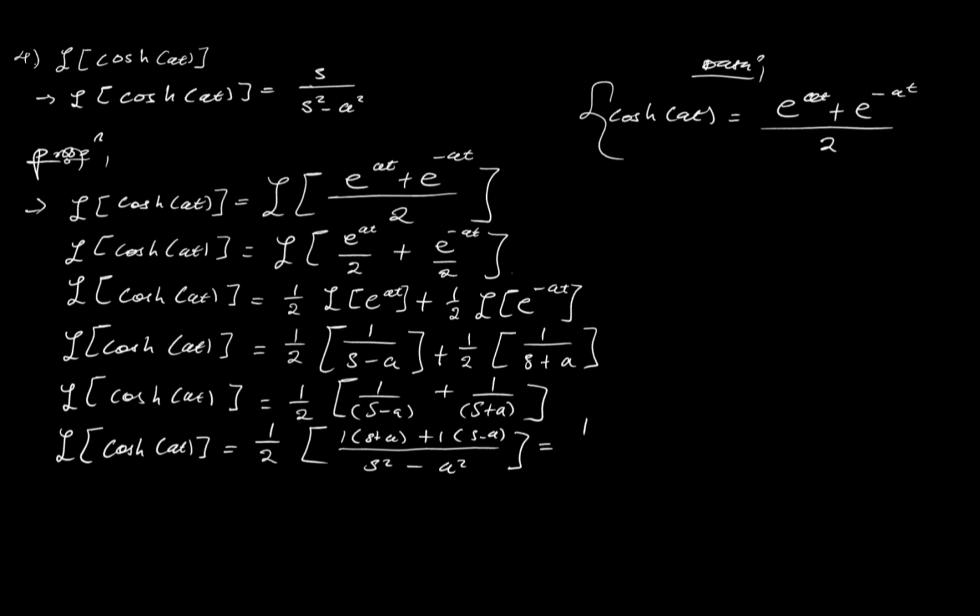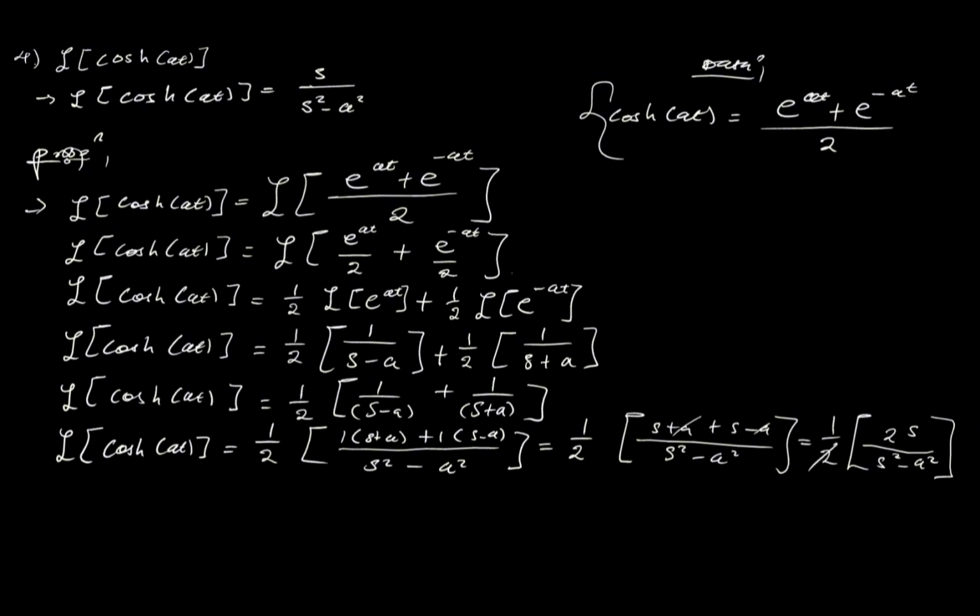This gives us 1 over 2 of s plus a plus s minus a over s squared minus a squared. Here a and minus a cancel out, and it gives us 2s.